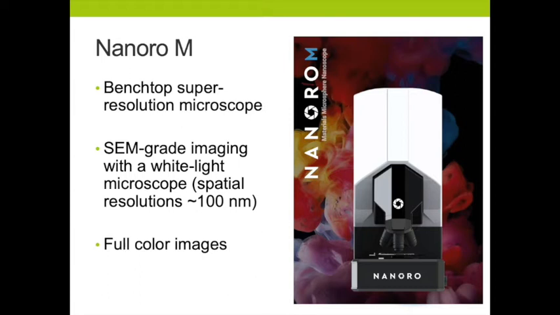You can generate full color images with their system. So in essence, you have the capability to generate images similar to lower range SEM images in a white light microscope. Sample prep is quicker, and the types of samples you can measure are much more flexible as well.